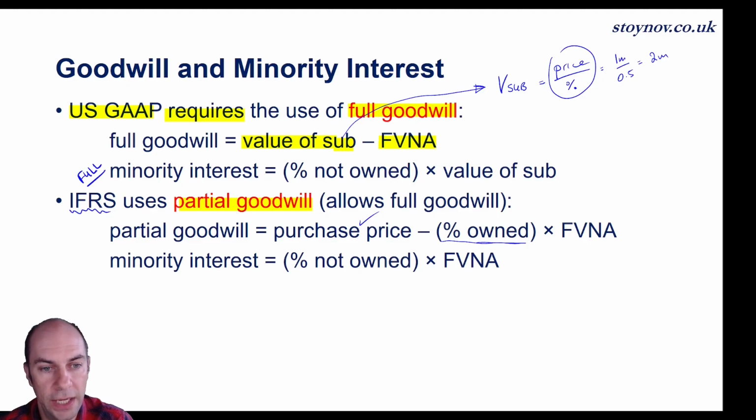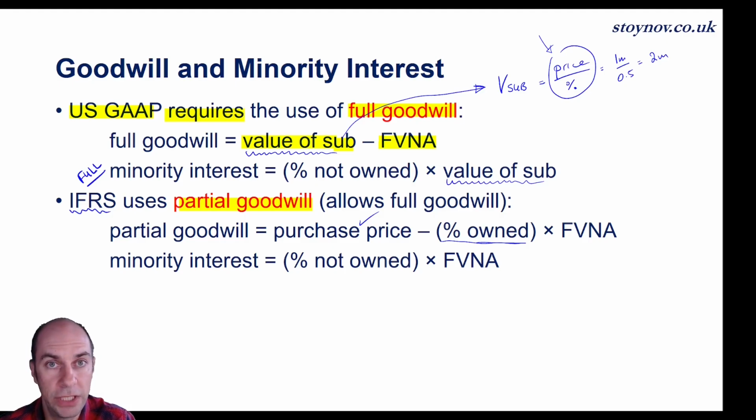So why am I calling it full minority interest? Well, because full goodwill was based on the concept of the value of the sub, which was simply the price grossed up by our stake. Well, full minority interest is also, you guessed it, based on the value of the sub rather than the fair value of net assets.